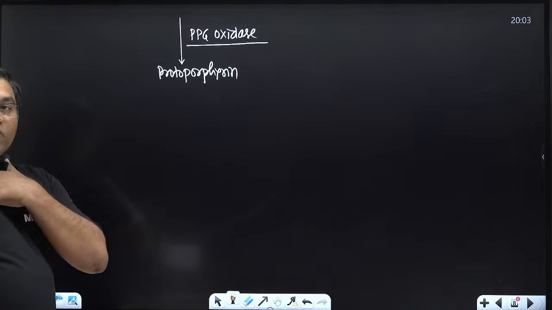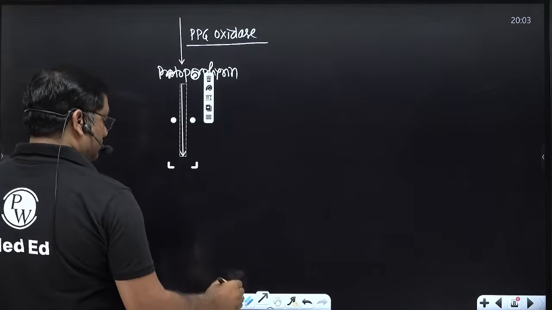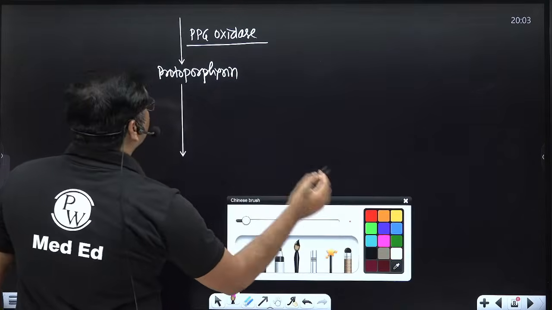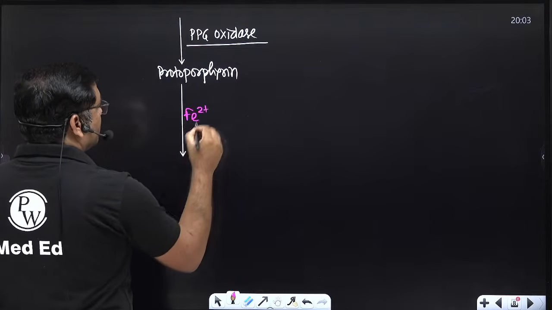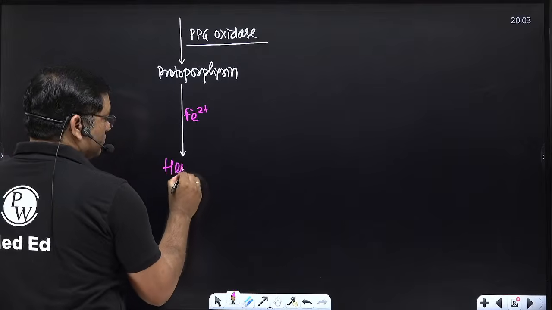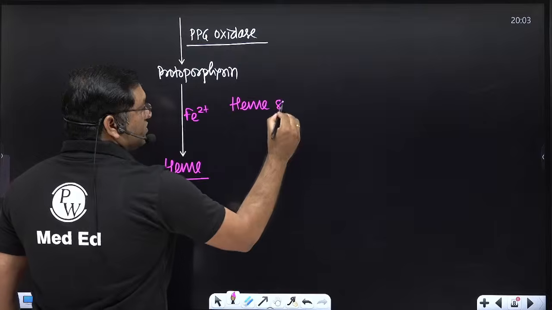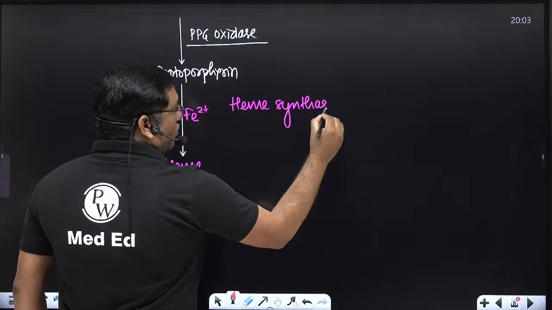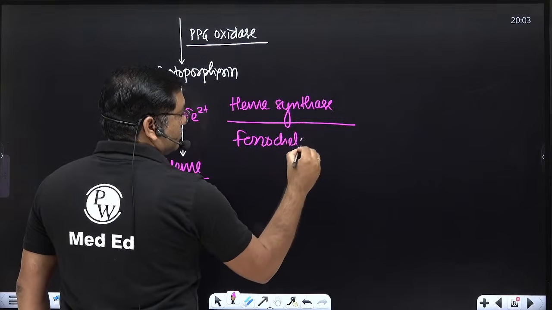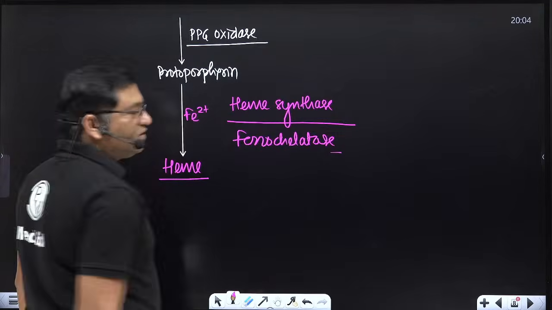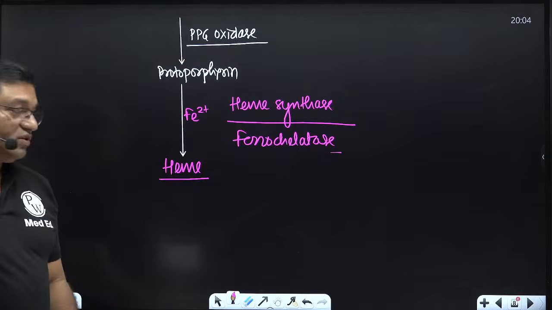And this protoporphyrin, on incorporation of iron, is converted into the heme molecule. Here the enzyme is heme synthase, or ferrochelatase. Another name is ferrochelatase. Okay. So these are the steps in heme synthesis.